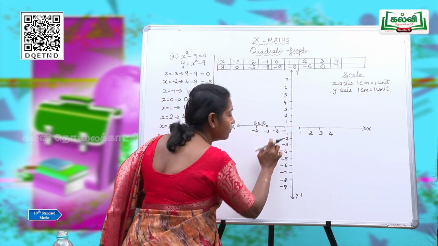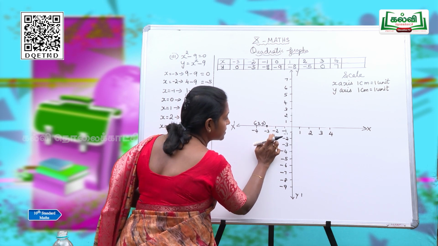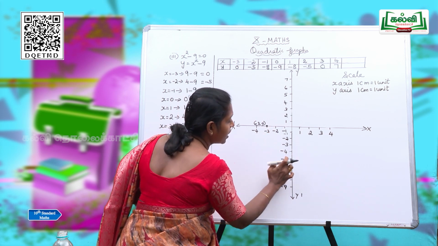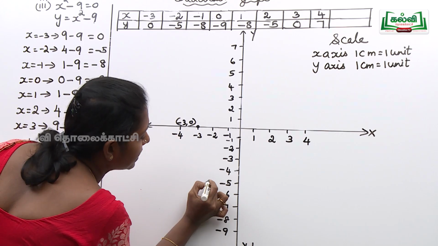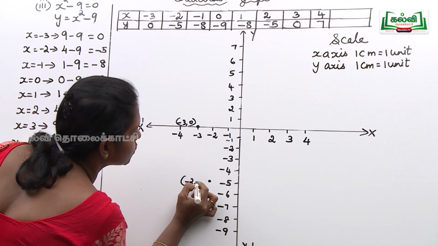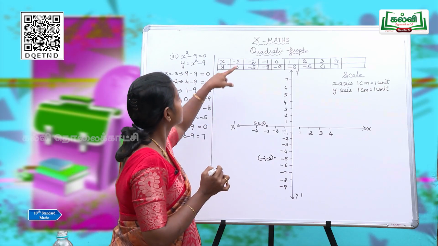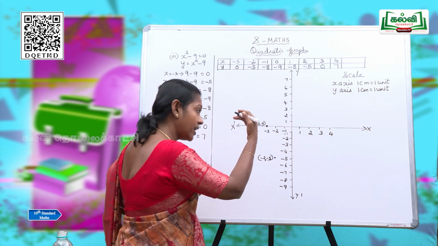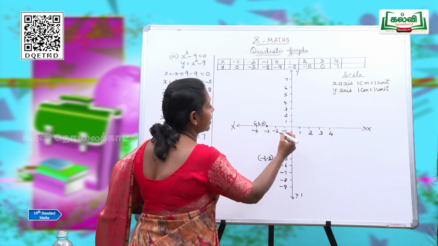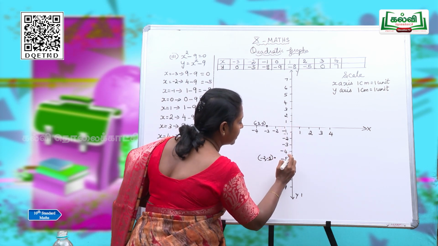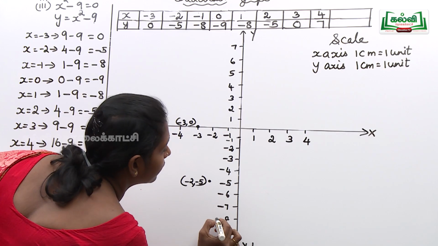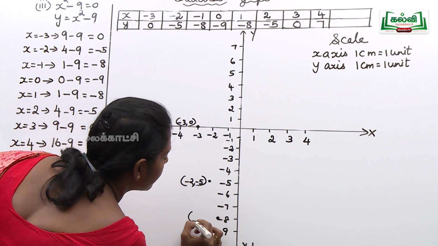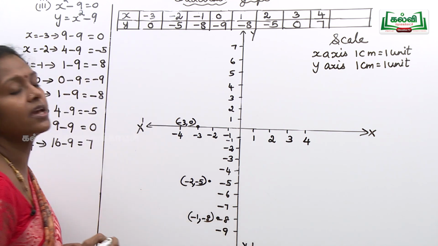So, you have to come down slowly. You have to trace the point like this, minus 2 and minus 5. So, it will meet here. This is minus 2 and minus 5. Next, minus 1 and minus 8. So, both negative. Again, we have to mark downwards. It will be here. So, this is minus 1 and minus 8.